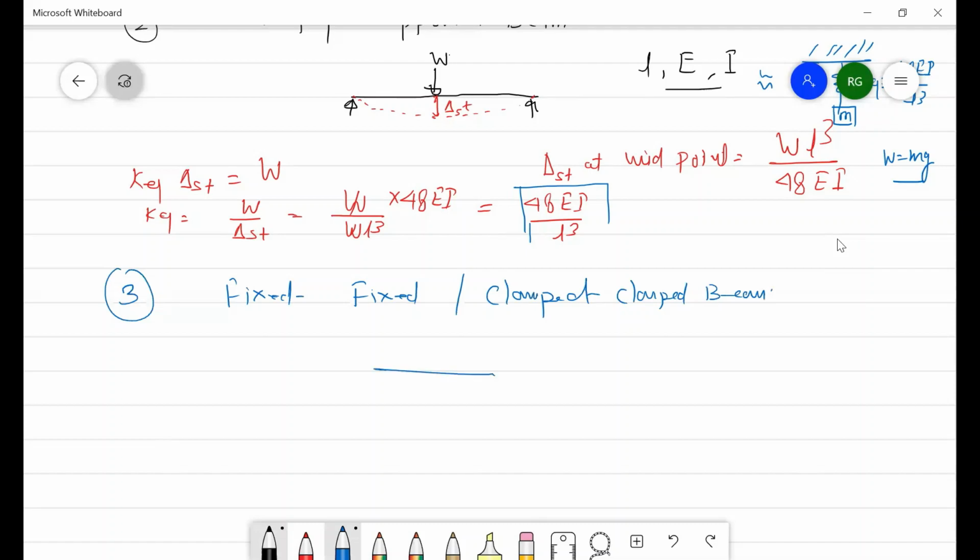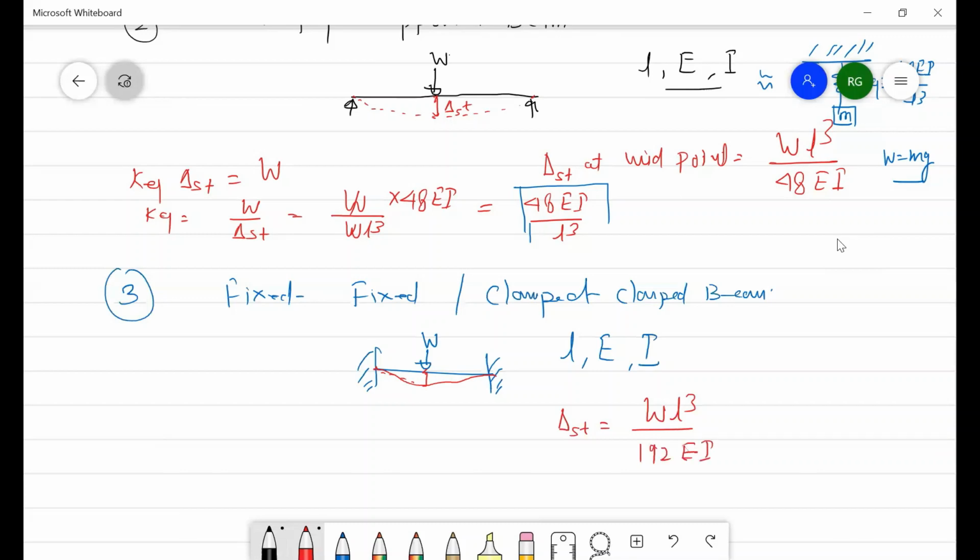We are considering a fixed beam of length L, Young's modulus E, and area moment of inertia I. If we apply a force W at the midspan of this beam, it will be deflected like this. So the midspan deflection, delta ST, the static deflection, can be given as WL cube over 192 EI.